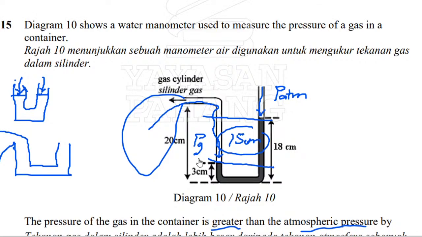But let's say this happens: here is higher, this is lower. Why the gas direction? The arrow here just shows that this end, the left side, is connected to the gas container. The arrow here doesn't mean the direction of the gas. The arrow just shows the gas source is connected to the left arm of the manometer.